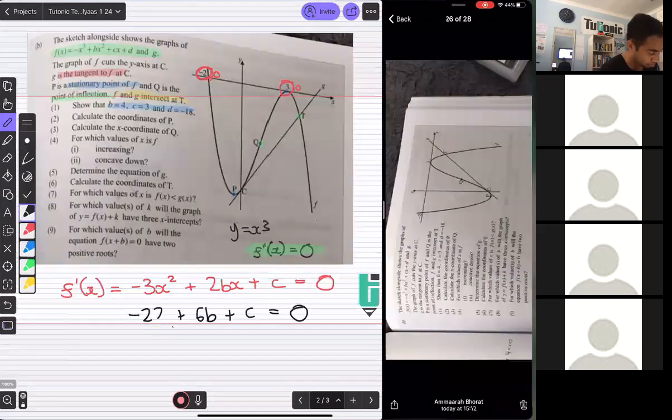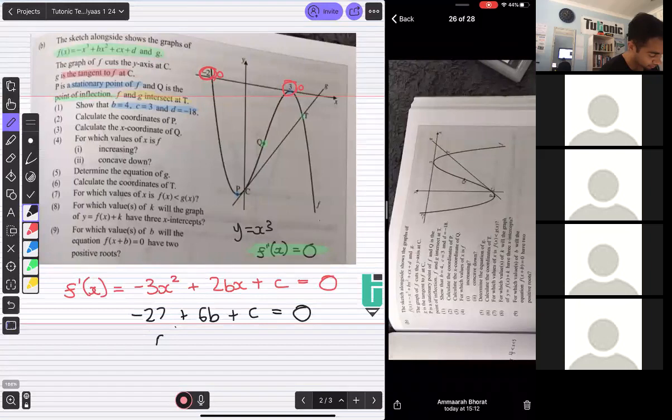So 6b plus c equals 27. Right, good. So that's our first equation.